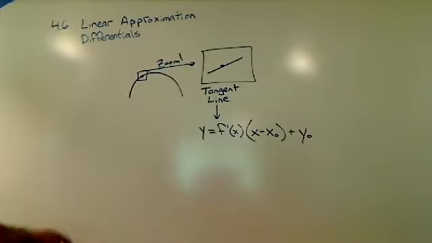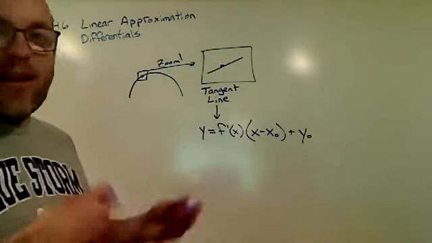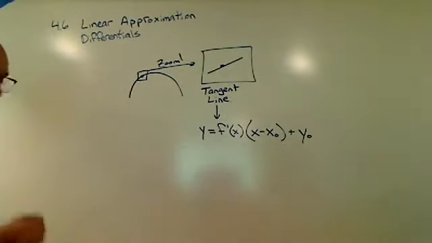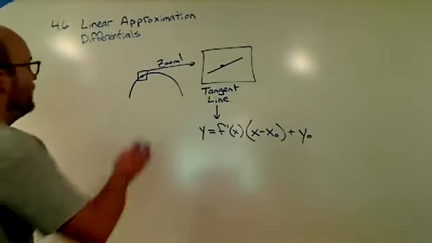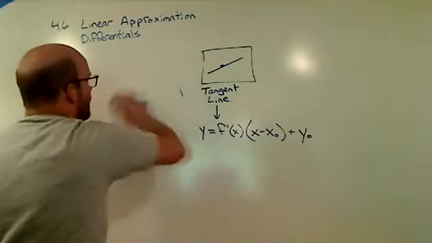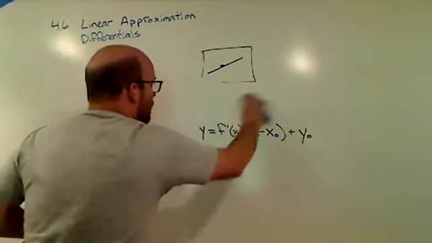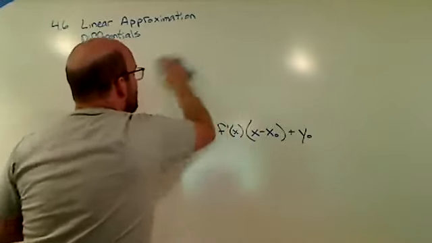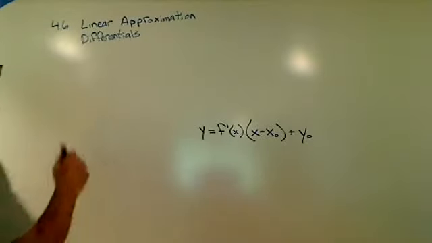Okay. So all we're doing in section 4.6 is really kind of fancying it up and giving you some different wording and a slightly different notation here. First of all, the textbook likes to give the linear approximation a name. I should write this out.